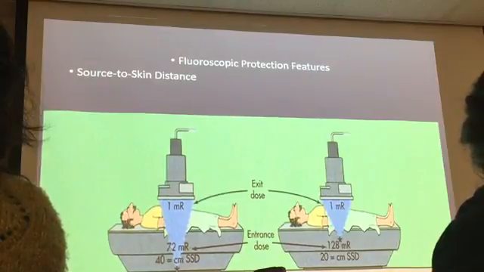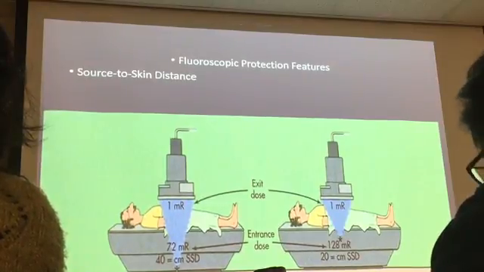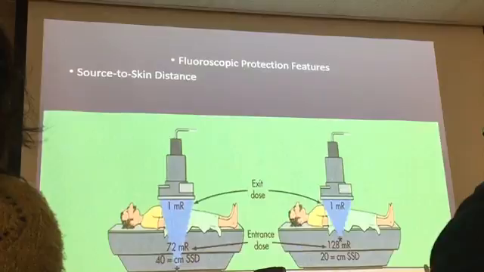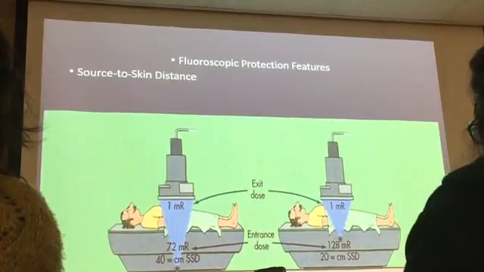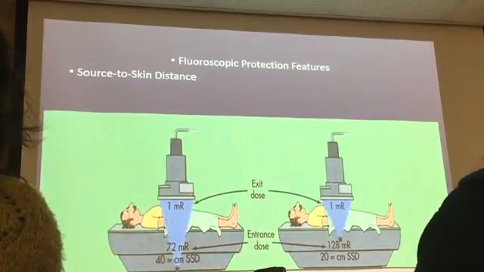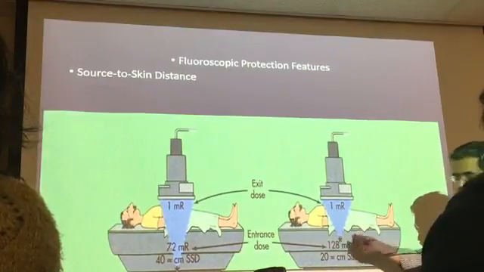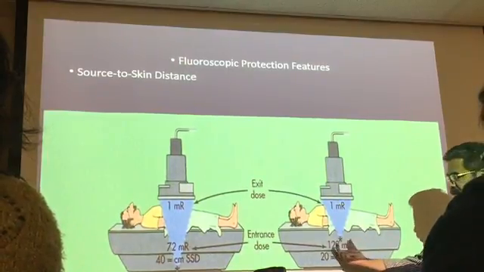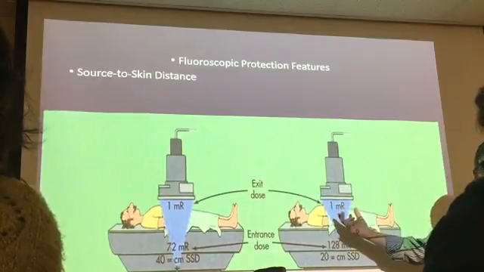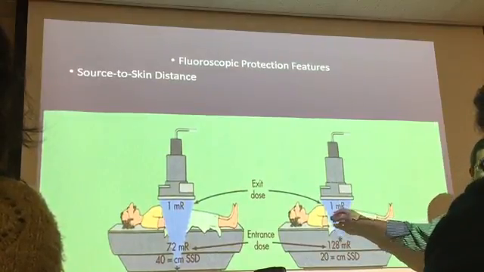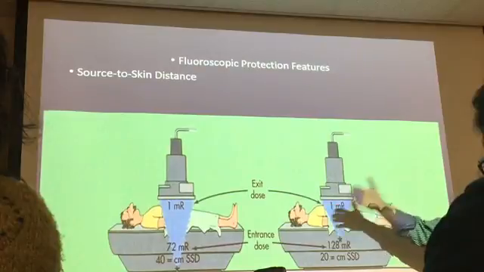The source to skin distance. Now we're going to think of the patient. But remember, the more exposure the patient receives, the more exposure we receive. Even though the X-ray tube is what creates the X-rays, once the beam hits the patient, it gets scattered to us.